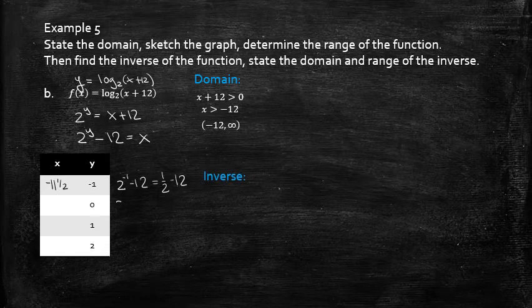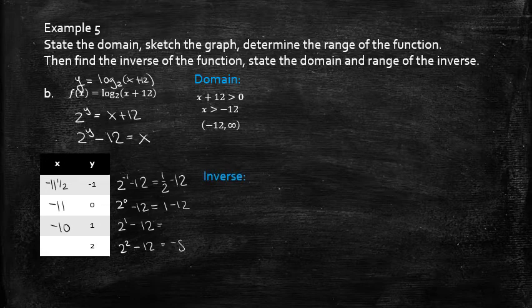Next, we're plugging in 0, so 2 to the 0 power is 1, so we have 1 minus 12, or -11. 2 to the first power minus 12 will give us -10, and then 2 squared, or 4 minus 12, so -8. Okay, so now we have 5 points to plot on our graph.